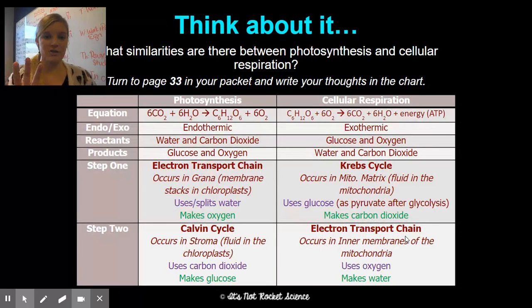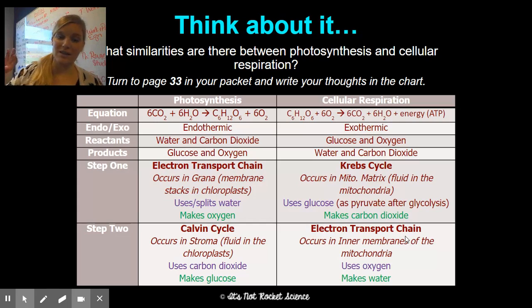So here's an entire chart that's showing you the similarities between photosynthesis and cellular respiration, because this is how we get energy in our cells from the energy that photosynthesis creates from the sun. So our equation is extremely similar. It's just flip-flopped, and we technically get ATP out of cellular respiration. Photosynthesis is endothermic because we're taking in energy from the sun.